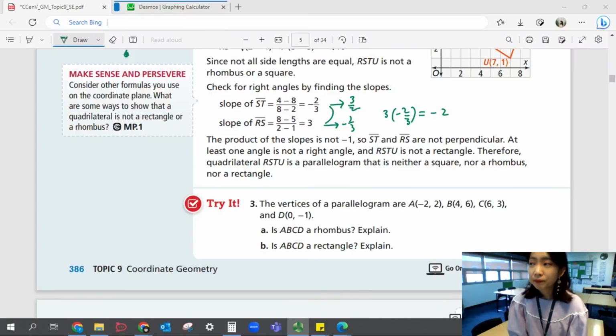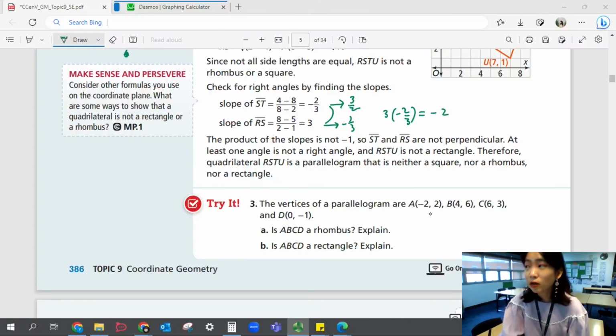Okay, are you ready? So first of all, how do you check if it's a rhombus? By definition, a rhombus is a parallelogram that has equal sides for all the sides. So all sides are equal. We want to figure out the distances between all the points.